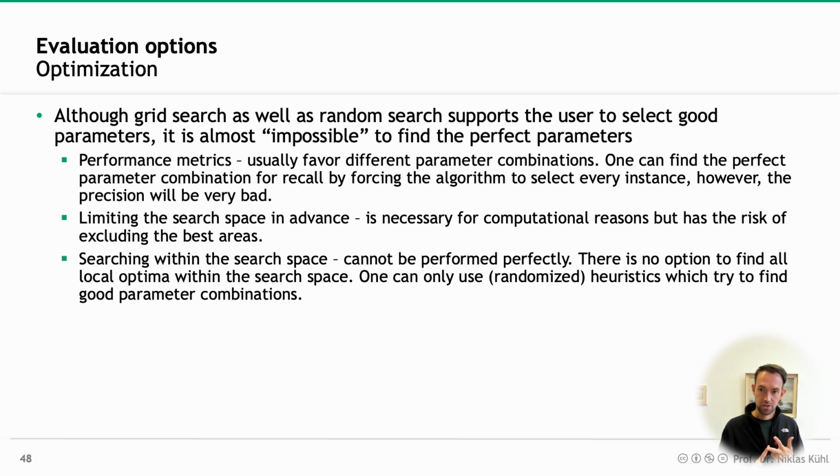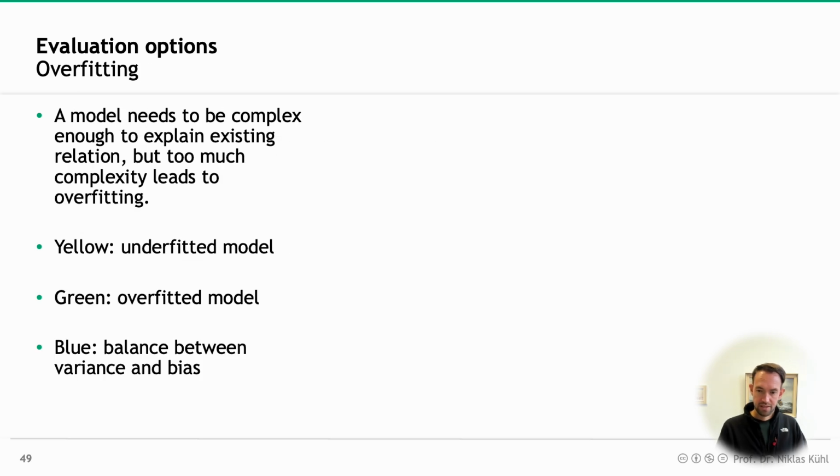And now we come to the third one, which is overfitting. The issue with overfitting is that you need to find a good trade-off between the complexity of your model and not learning the data by heart.